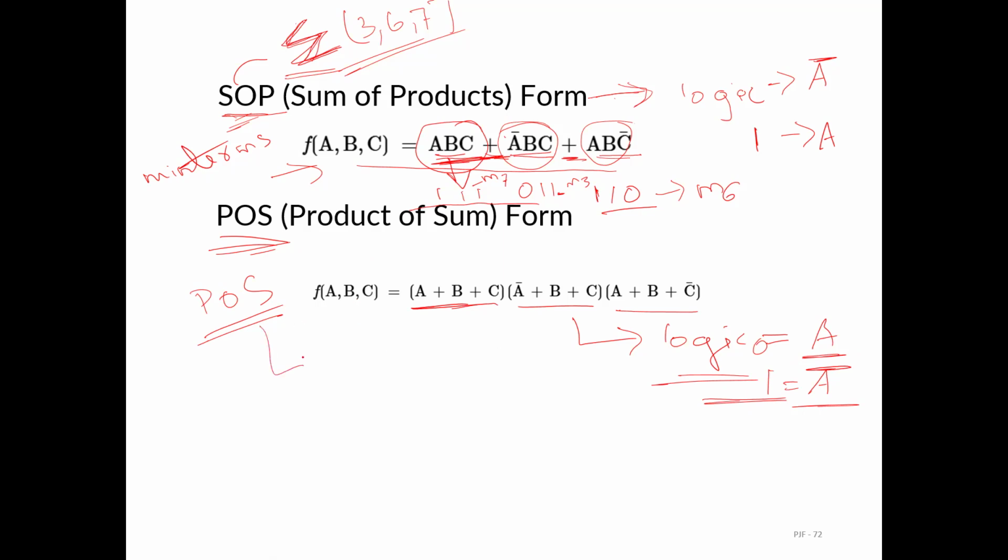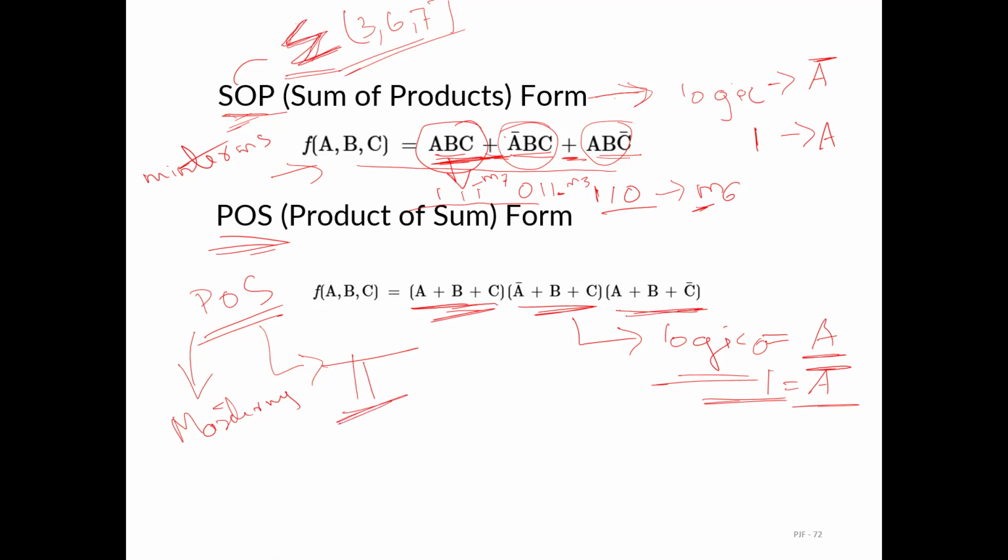Now, how can we represent this with the help of a symbol? We use the pi symbol. For minterms, we choose small m. For POS, we call them maxterms. So here each term is a maxterm, and we use this pi symbol for that.